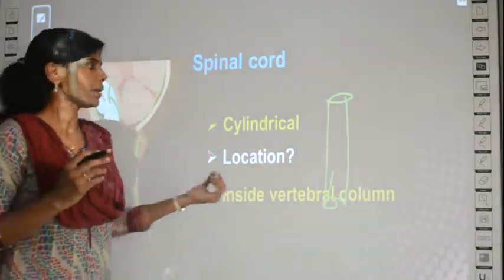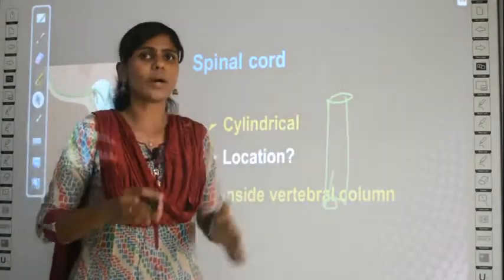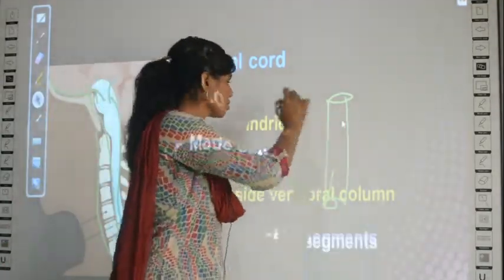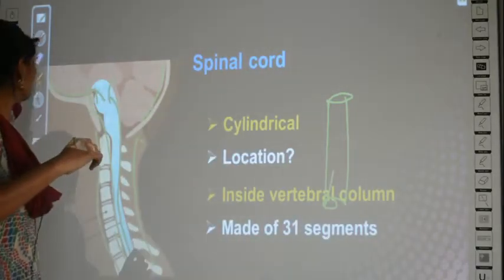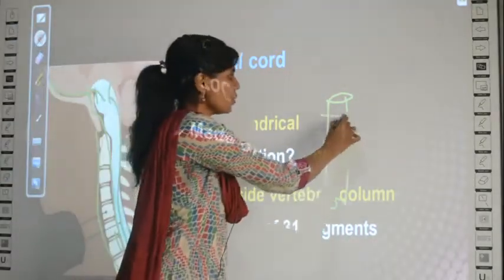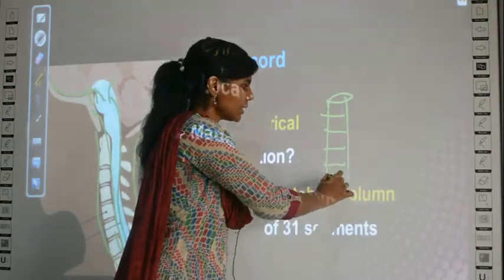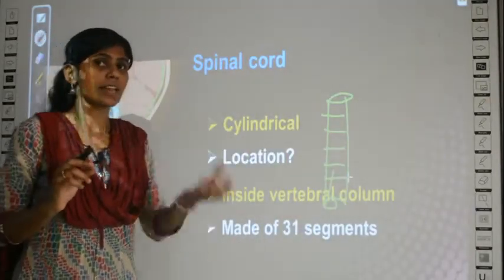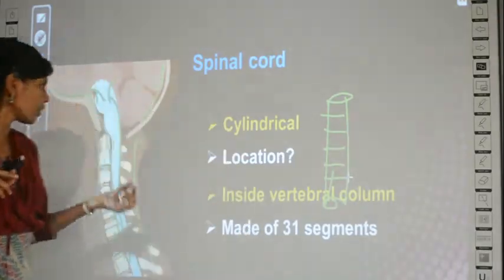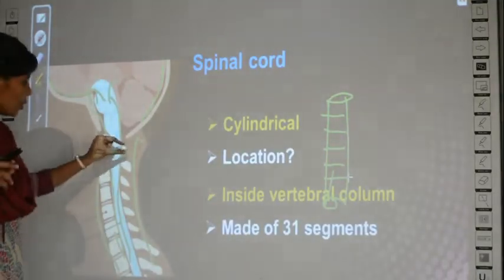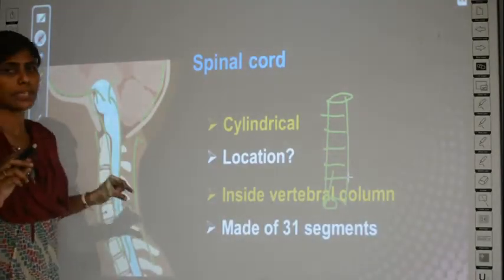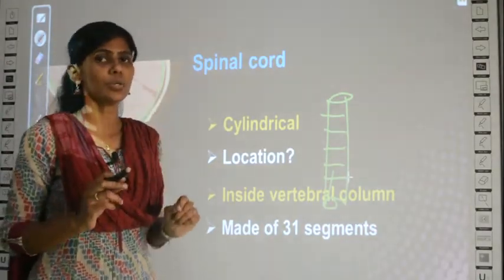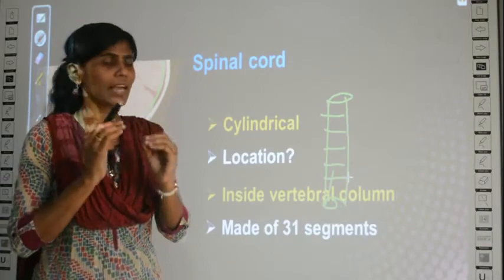And as we imagine, the spinal cord is not one single structure. It is divided into segments, into small regions. It is not a single column, it is divided into small segments. How many segments? 31 segments. This rod like structure is divided into 31 segments, and every segment is connected to one pair of cranial nerves.